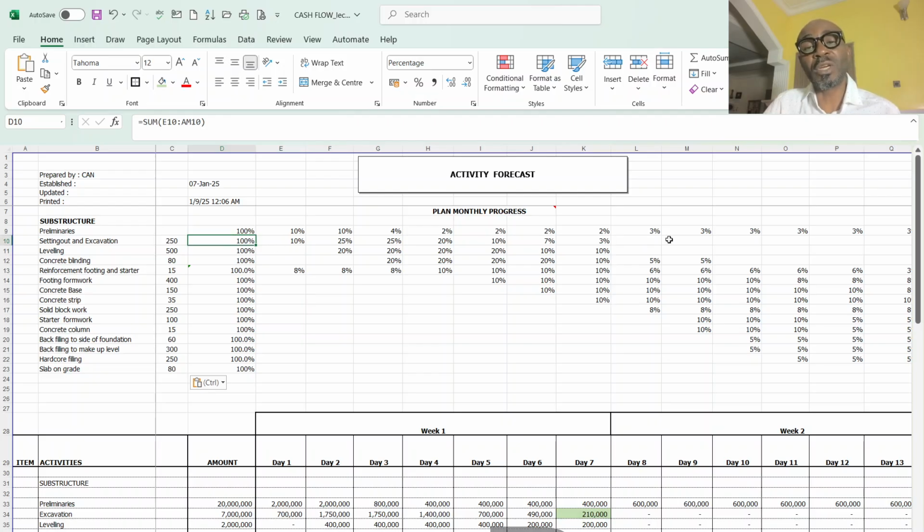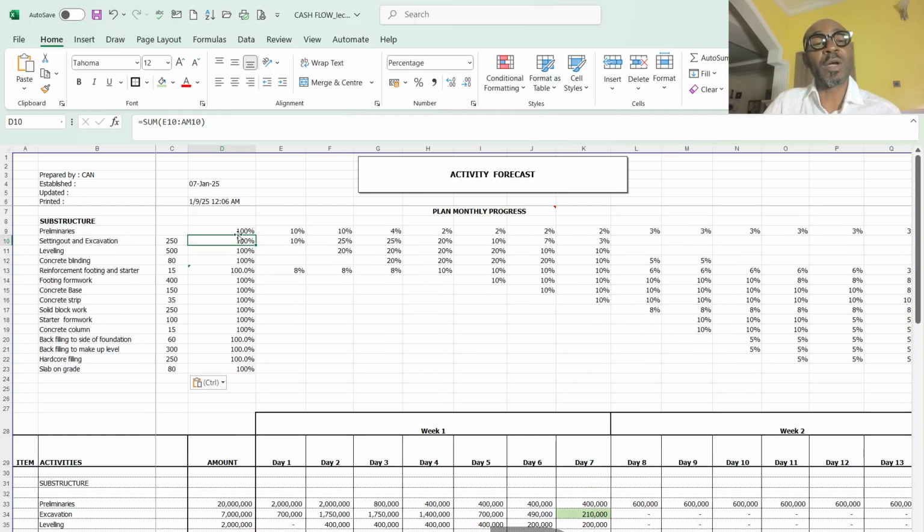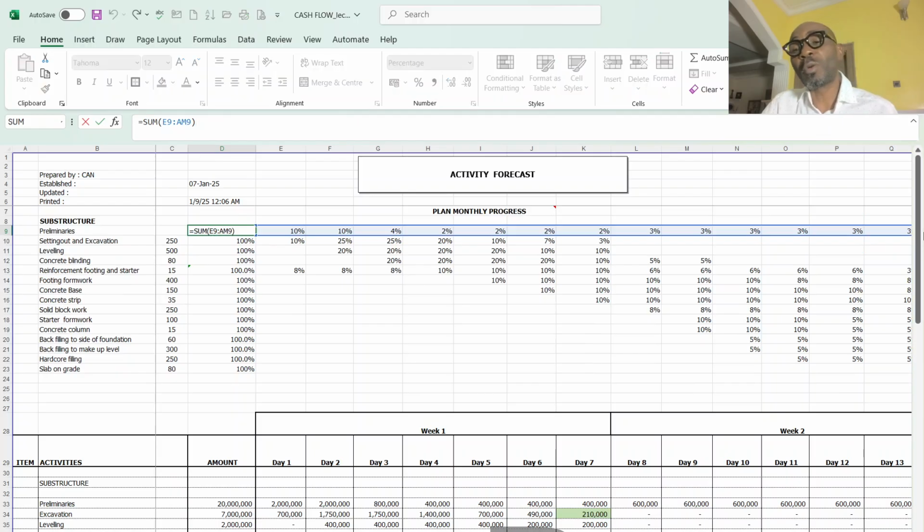Because if it does exceed 100% and I now split these figures to each of those days, I might be splitting beyond or less than the stipulated amount.